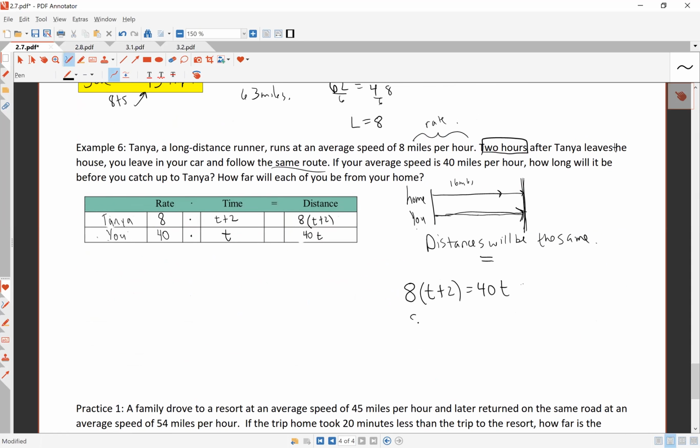So we solve that by distributing the 8 across. And then getting the t's all on one side, we subtract 8t from both sides. 40 minus 8 is 32.